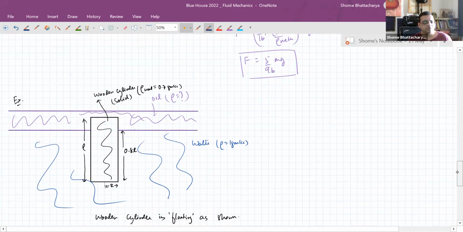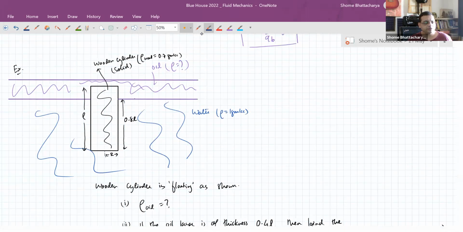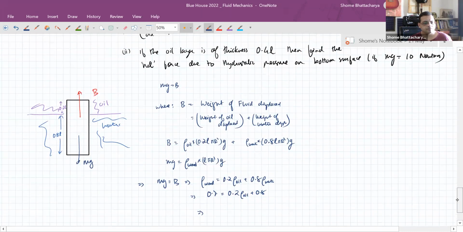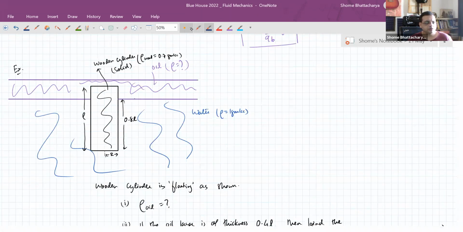Interestingly, I'm getting this as a negative quantity. Let's change the value a little bit. Let's change this submerged length. I'll explain what's happening here. This will not be logically possible given that the wood's density is only 0.7.